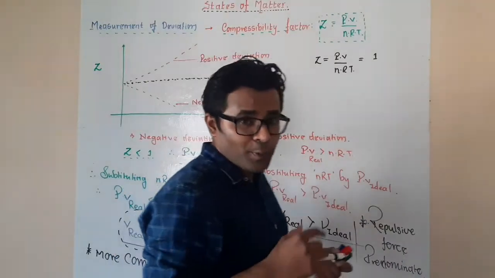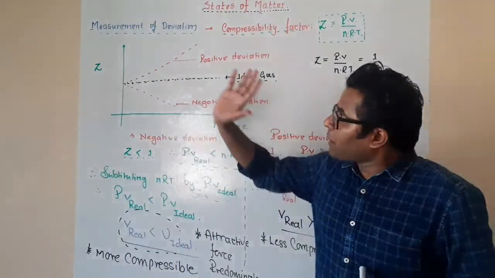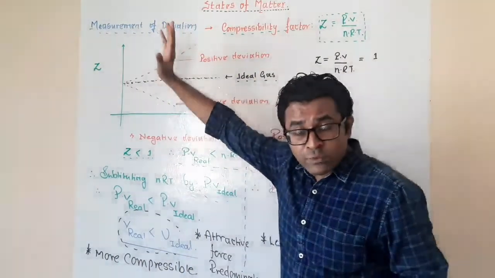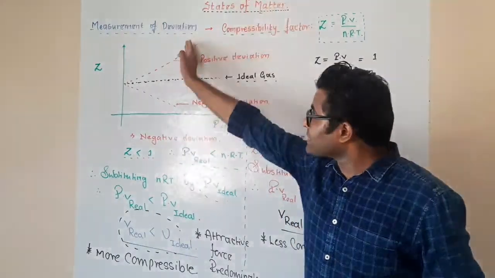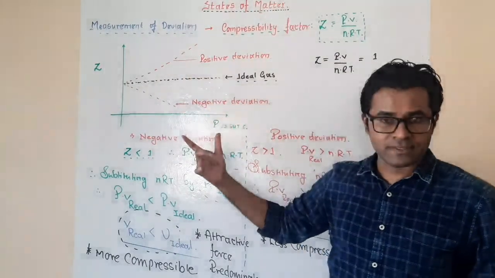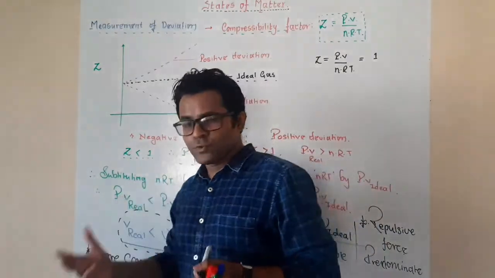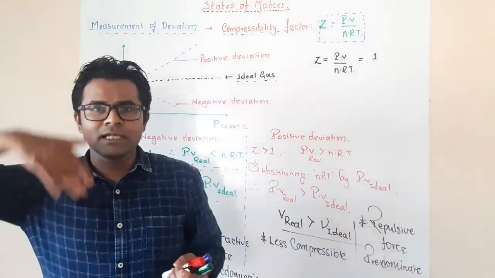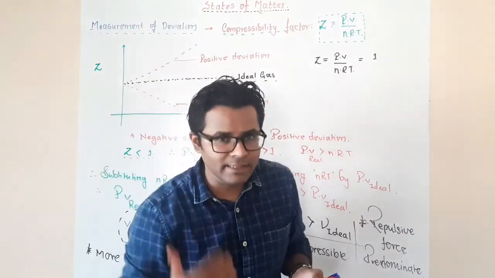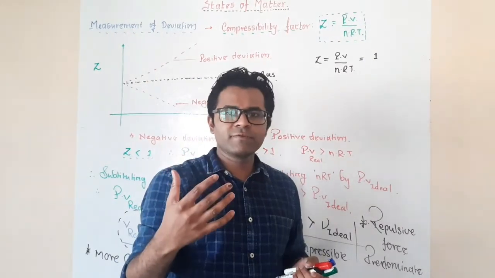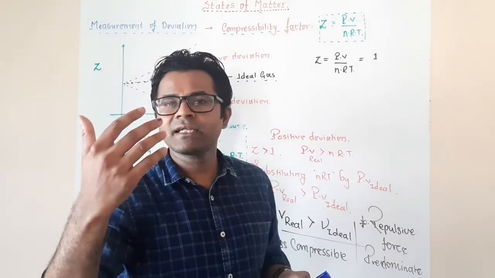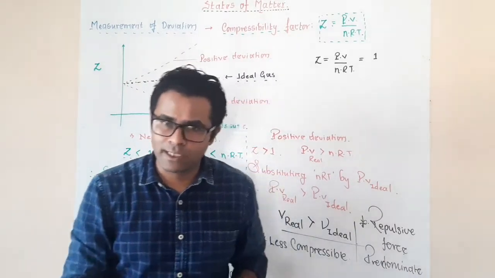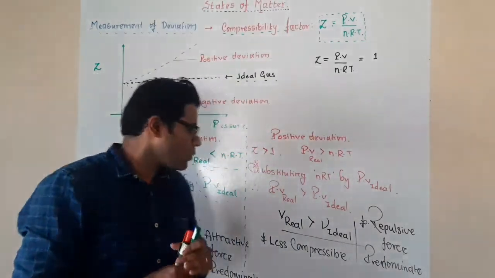I hope you have understood how we measure these deviations of real gases with respect to the ideal gas. Majorly we have two types of deviation, either positive or negative. If it is positive, the compressibility factor is greater than 1, and if it is negative, the compressibility factor is lower than 1.